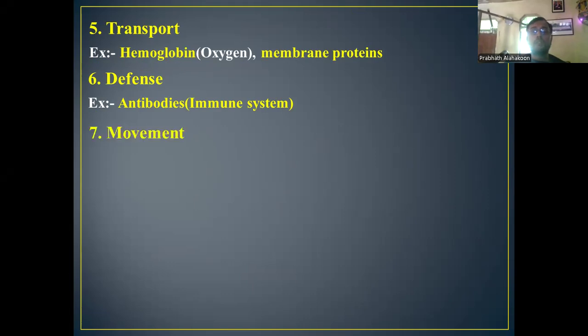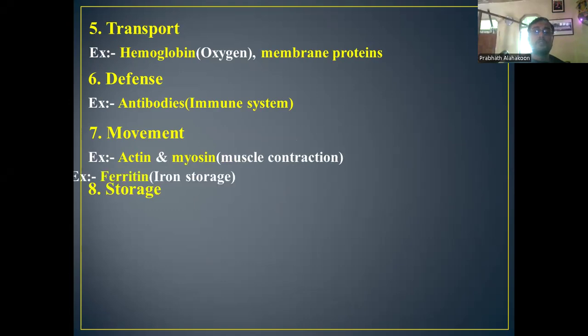Immune system contains immunoglobulin. It is a protein. Next function is movement. Example: actin and myosin. They are in muscles. They help muscle contraction. Next function is storage. Example: ferritin. It is used for iron storage.